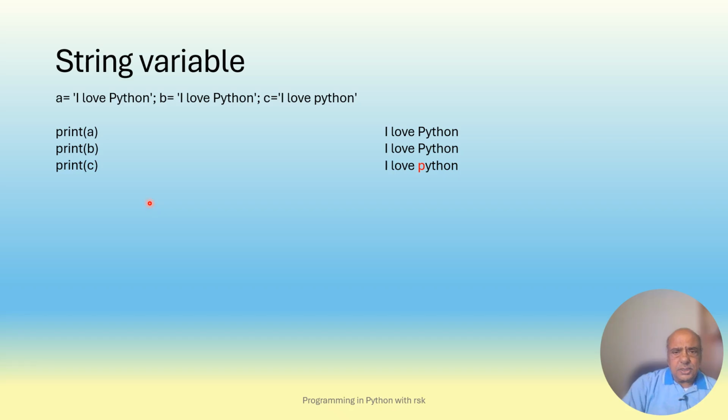So naturally two objects will be created. One is 'I love Python' with P as an uppercase letter, and another object will be 'I love Python' with P as a lowercase letter. This one with uppercase P will be referenced by A and B, and will have the same ID.